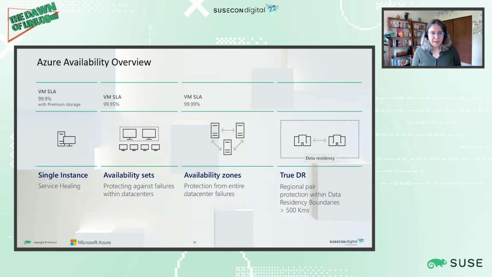A typical construct in many geographies would be to do the so-called true DR. In Azure, there is the concept of paired regions, and if you rely on these paired regions, then you have a guarantee that the data residency is at least 500 kilometers apart.